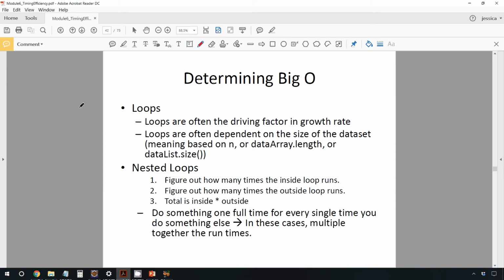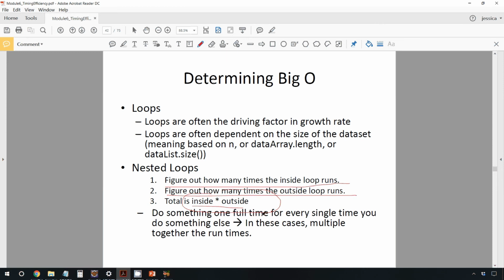Okay. Now, nested loops will also obviously affect our big O. In order to figure out a nested loop, you have to think about how many times the inside loop runs and how many times the outside loop runs, and that means that the statements inside the nested loops will run inside times outside. So this is like a multiplication of growth.